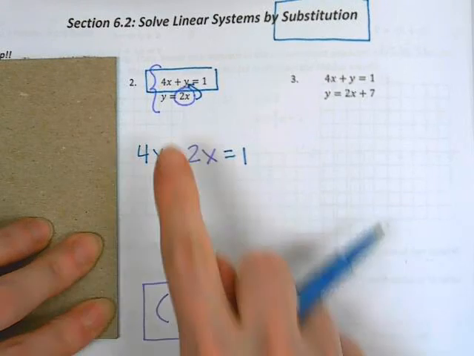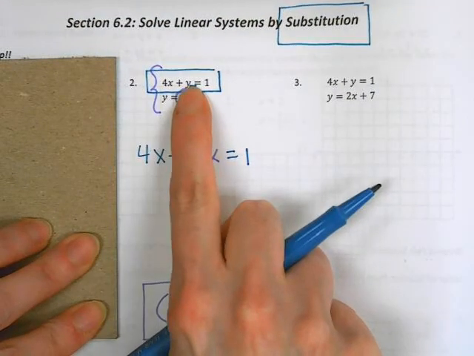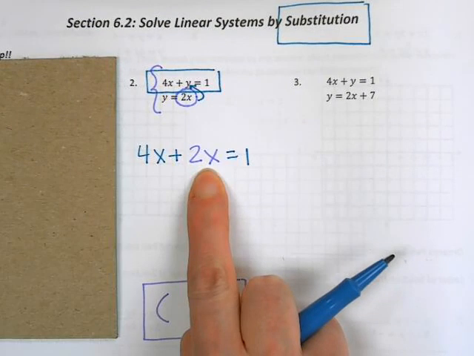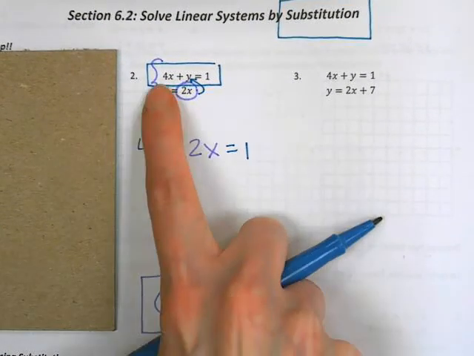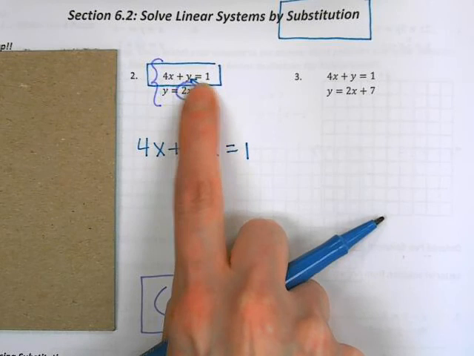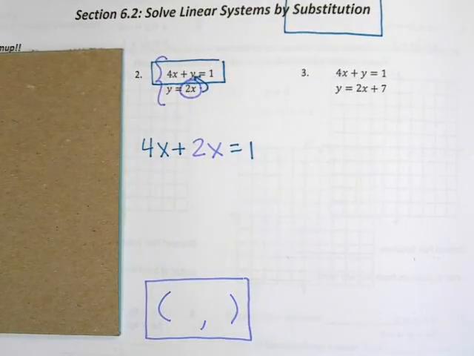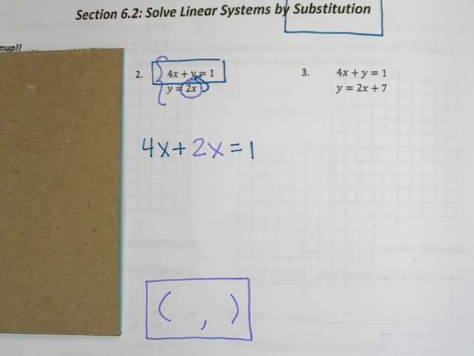And all I did was take the y out and sub the 2x in its place. All right, so I just rewrote this equation, but the y came out and the 2x came in. That's why it's called substitution. And now we just have to solve.